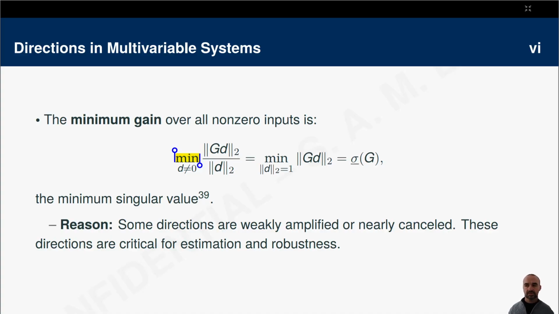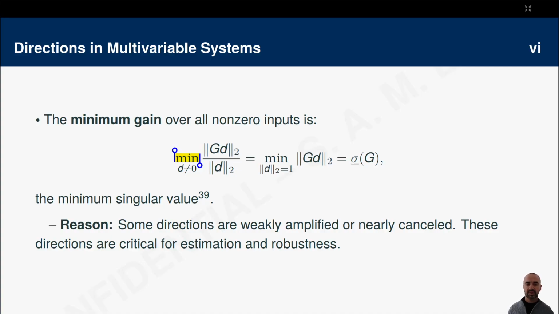Let me add some notes to this relationship. There are directions that barely get through the system. This is crucial for controllability at the frequency, because we need to know which directions barely get through the system. If we excite the system along those directions, we need to know how that affects controllability at a frequency.